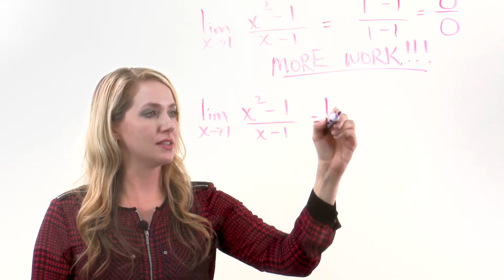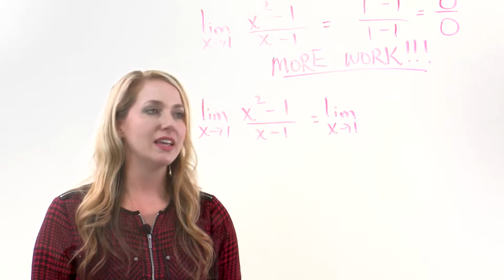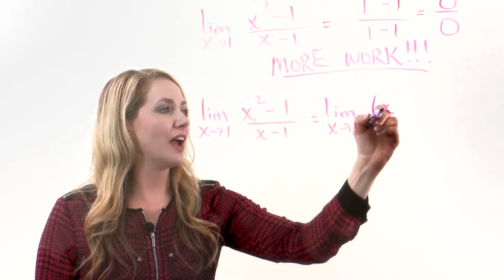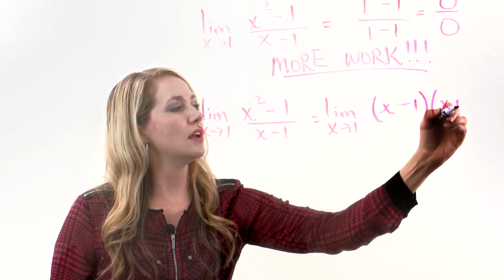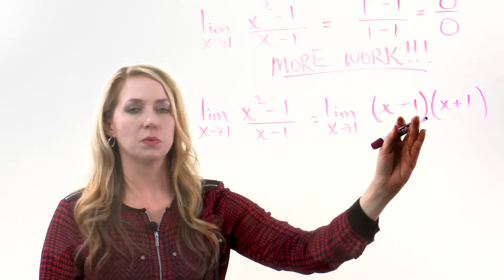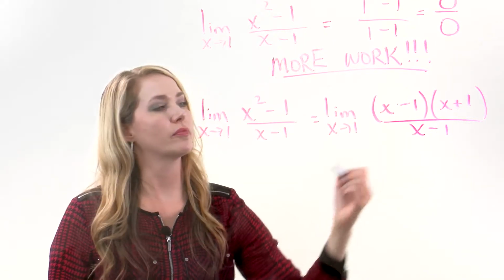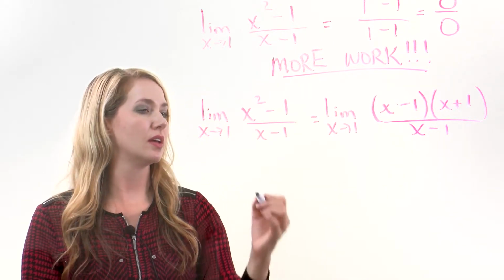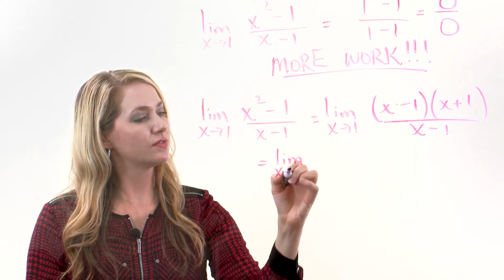If I notice from algebra that the numerator of this quotient is something that is factorable. It's something called a difference of squares, and it factors into x minus 1 times x plus 1. So then I can divide.